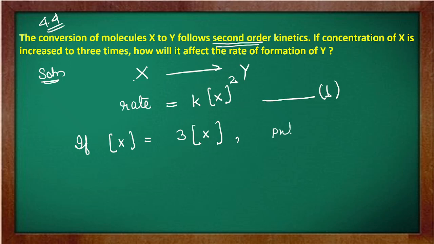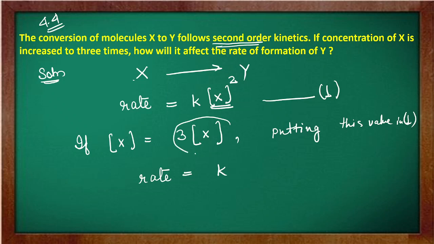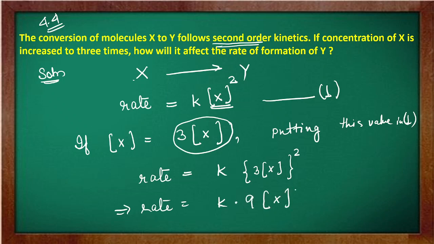Now putting this value in equation 1, rate will be equal to K. Now instead of X you have to write 3 times concentration of X, and the power is square. So we have just replaced the values. So now you will get rate is equal to K, and 3 square will be 9, and this will be concentration of X square.